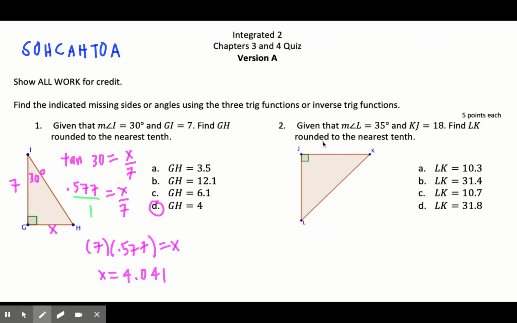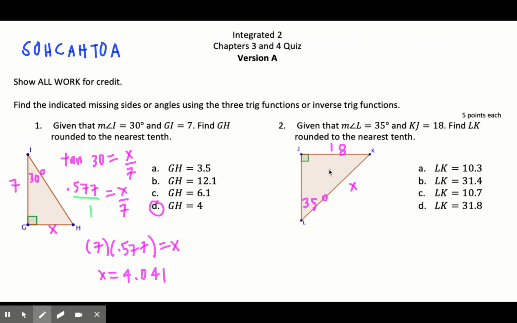Okay, so for number 2, it says measure of angle L is 35 degrees, and then KJ is 18, and it says find LK. So this 18 is opposite, and x is the hypotenuse.